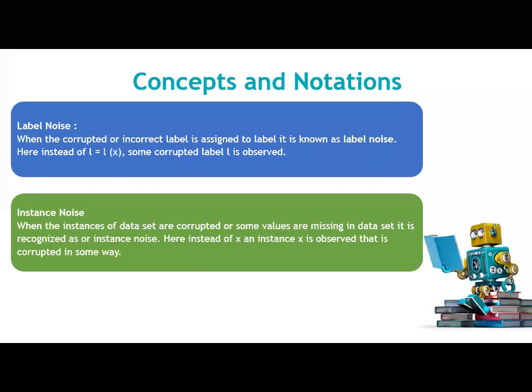Instance noise: when the instances of a data set are corrupted or some values are missing, this is recognized as instance noise. Now if we have the instance x, suppose roll number 13.